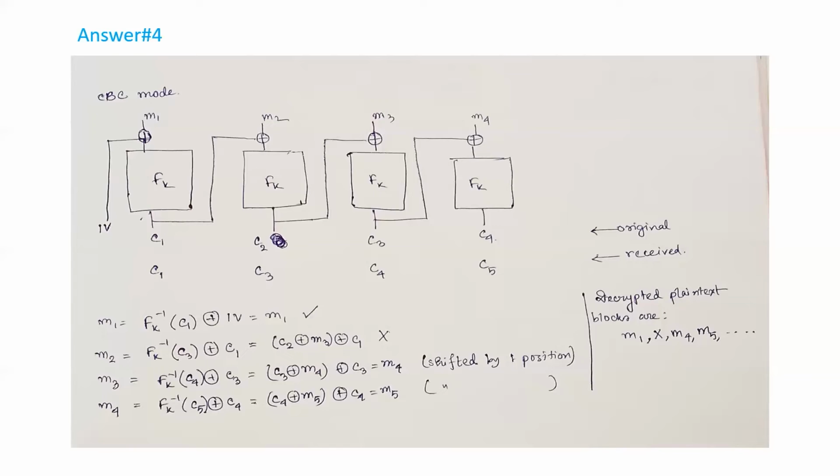And after that, Mi plus 2 will actually be Mi plus 3 and so on. So one block shift of the plain text will happen in the decrypted sequence, right? Like this, M1, then some erroneous plain text, and after that you will continue to get M4, M5 and so on as your plain text blocks. This is the case of CBC.